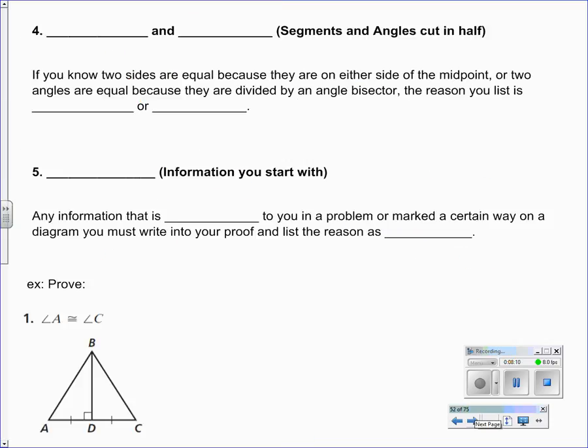So we have two more reasons we're going to review, and then we're going to go through three proofs together, kind of show you what a proof looks like. So the next one is for midpoints and bisectors.